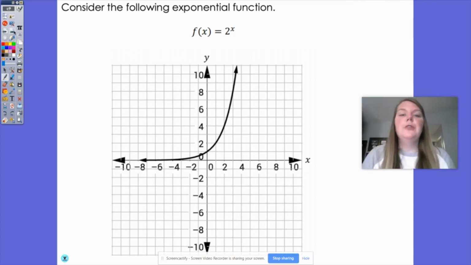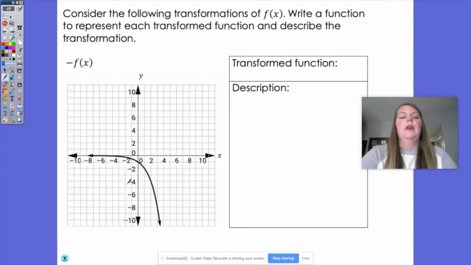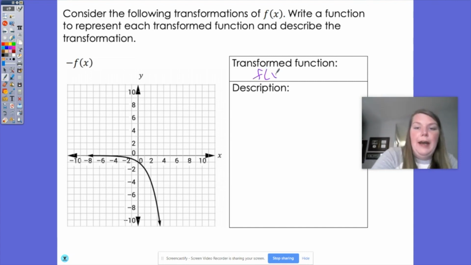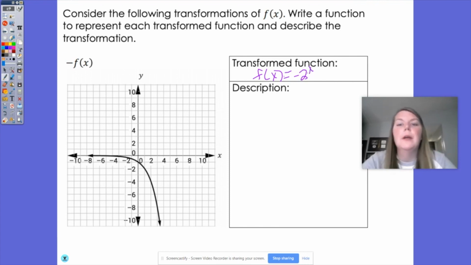So if we go from 2 to the x to this function right here, we're actually multiplying the entire function by negative. So if we were to rewrite that function, we would write it as -2 to the x power. And notice that instead of the function crossing at +1, it now crosses at -1 because of that negative out in front.